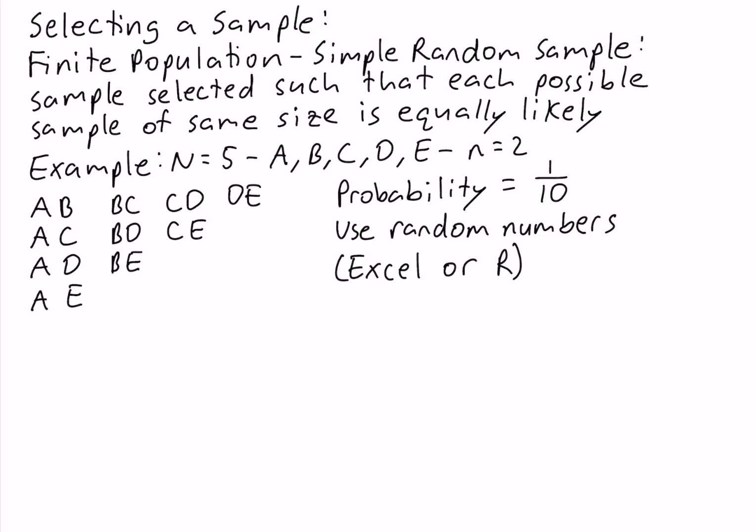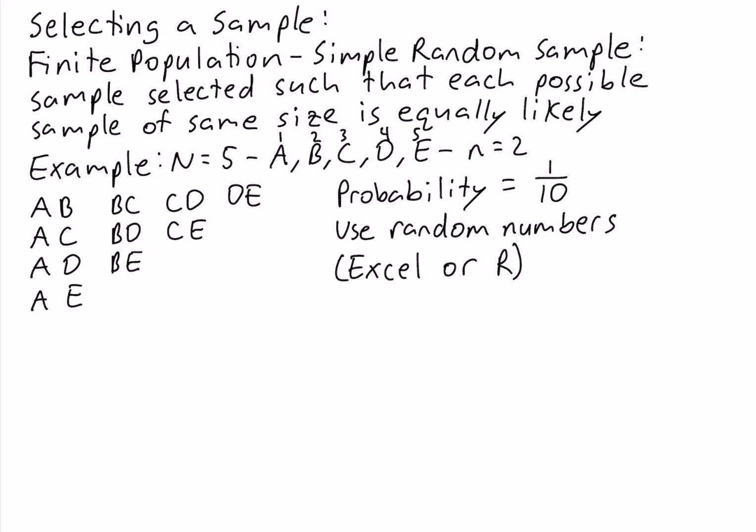First, what we would want to do is number the elements in our population. So we could say A is number 1, B is number 2, C is number 3, D is number 4, and E is number 5. Then we would want to generate 2 random numbers between 1 and 5.